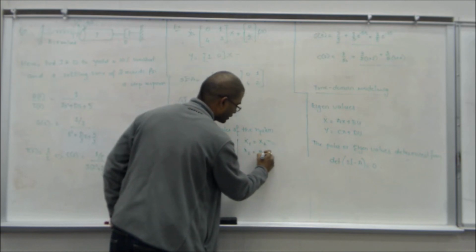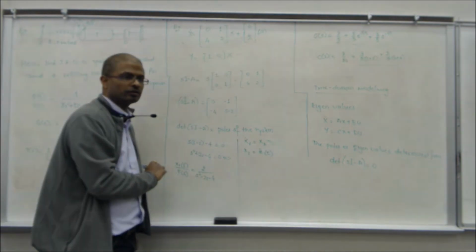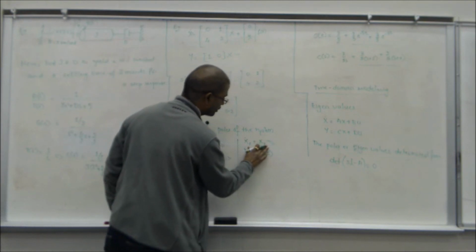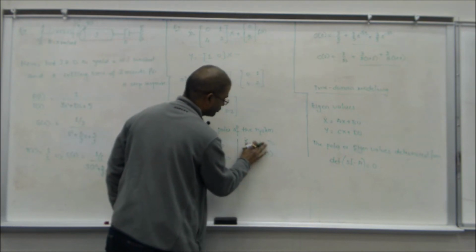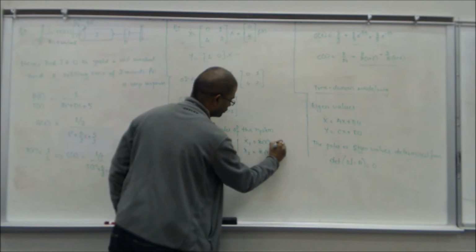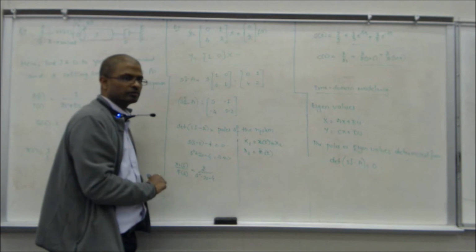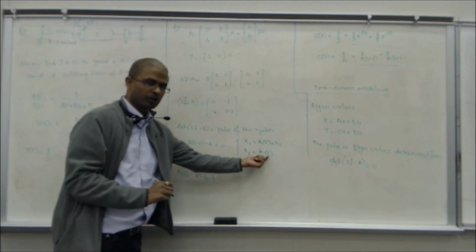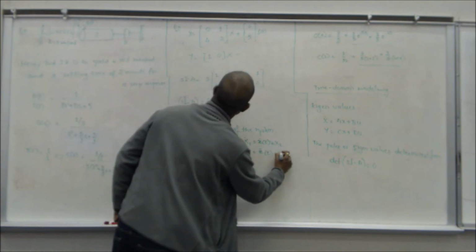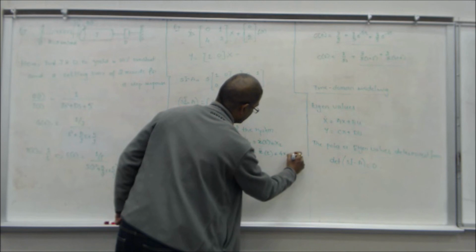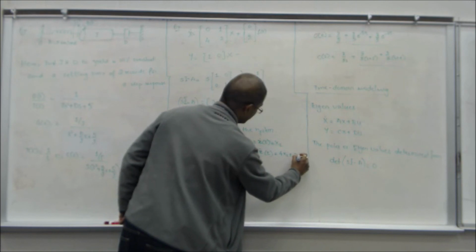It should be x double dot, right? x1 dot is x dot of t, which is equal to x2. x2 dot is x double dot of t, which is equal to 4 x1 plus 2 x2.